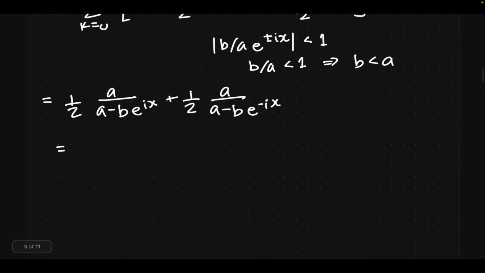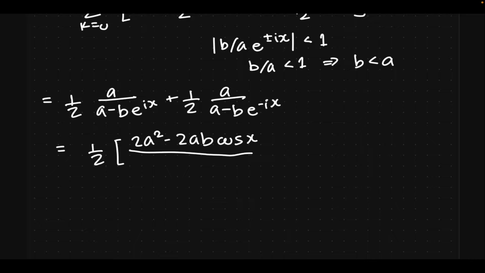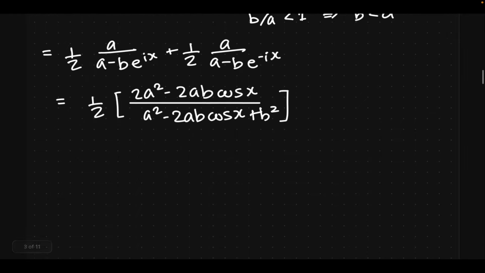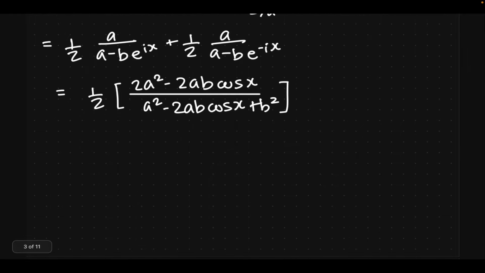The algebra I'm going to skip is just taking a common denominator: 2a squared minus 2ab cosine of x divided by a squared minus 2ab cosine of x plus b squared. Now you may start to see the denominator that we had in the original integral pop up right here. The numerator is a little bothersome, but we will work through that right now.